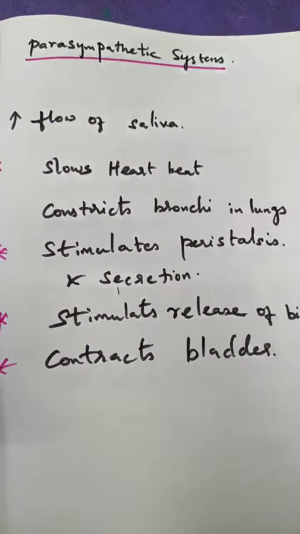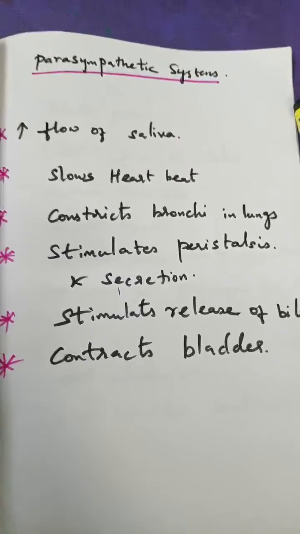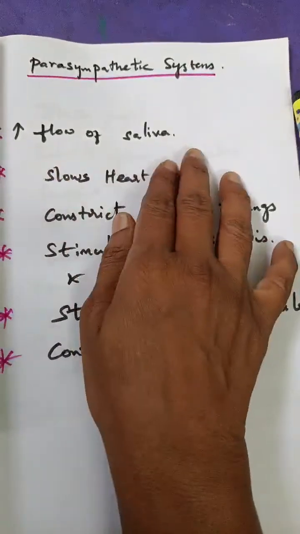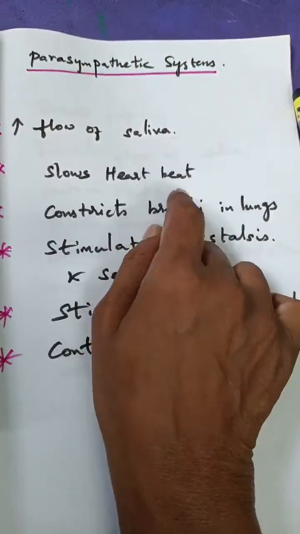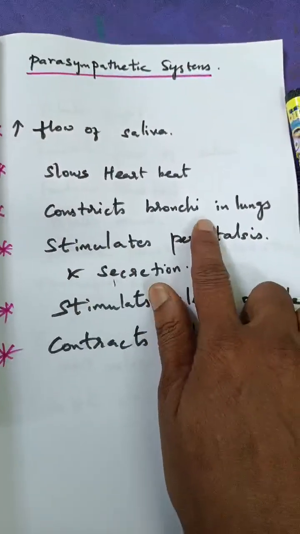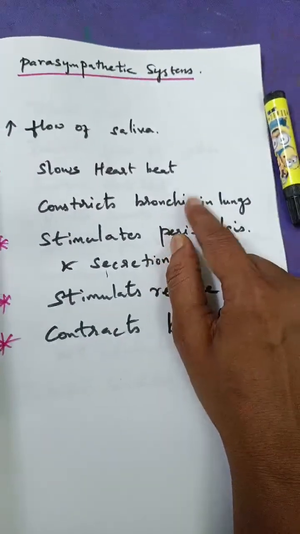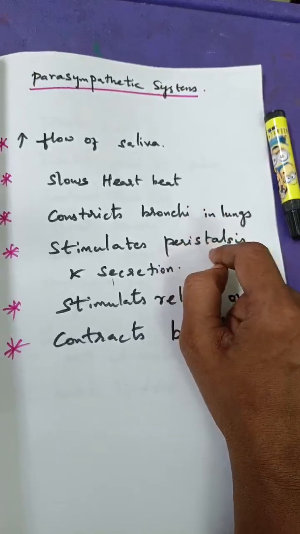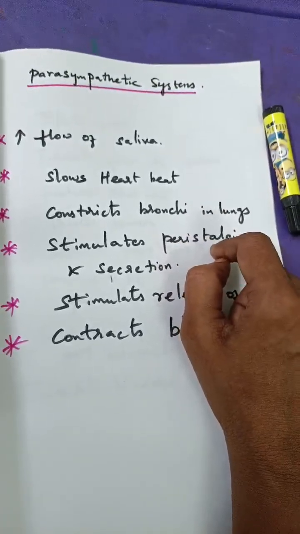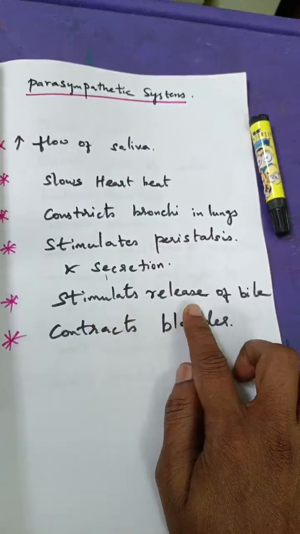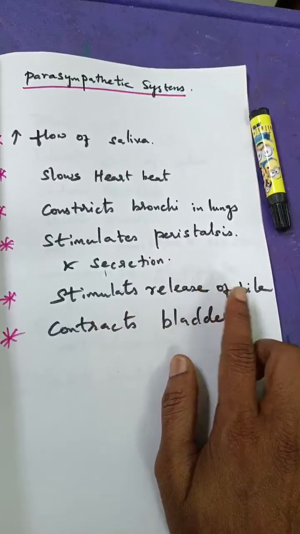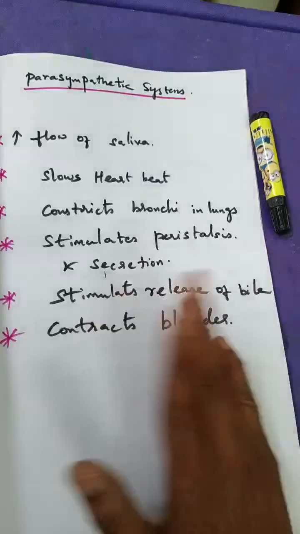So let me explain the opposite. What will be the opposite? There will be a decrease in the saliva, increase in the heartbeat, and dilation, which means elongation, in the bronchi. It decreases the peristalsis and secretion, and where the parasympathetic stimulates the release of bile, here it will be opposite.